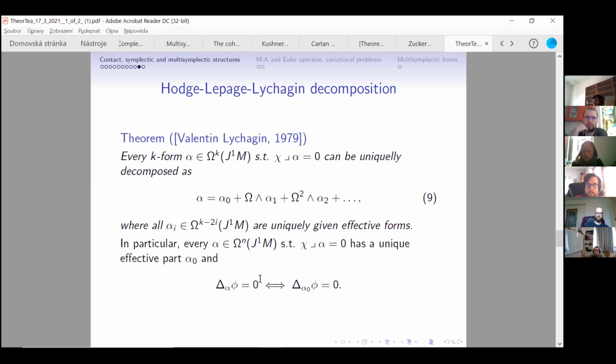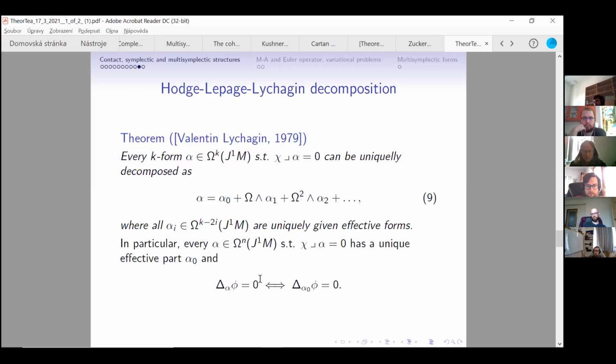So in other words, if I take a partial differential equation and I want to represent it by some differential form, then I know that although there is some ambiguity in this representation, I always have one specific effective form, one specific guy in this class, which is uniquely given.